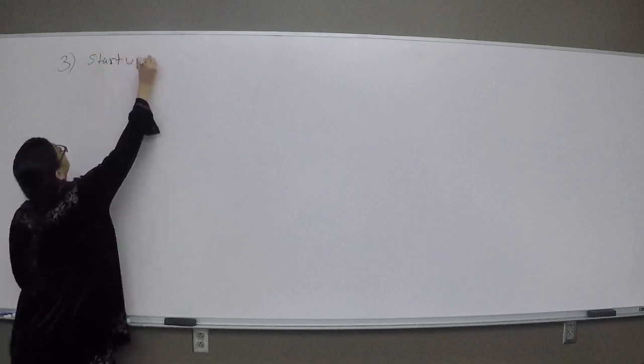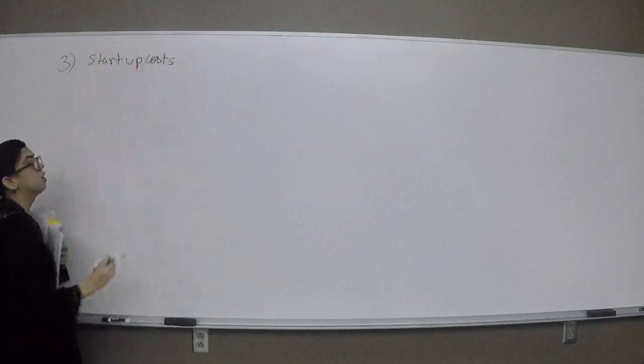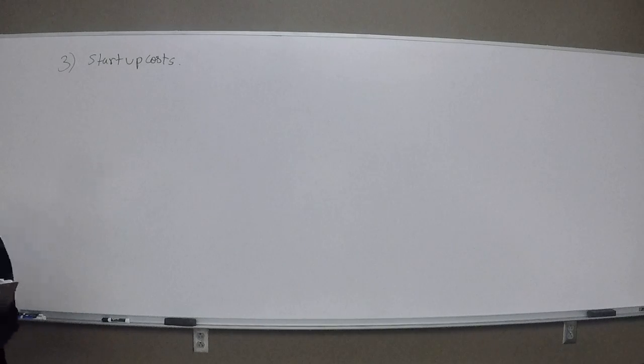startup costs. Startup costs is a barrier to entry because to start up any business, you need to make that initial investment. That could be setting up the plant, that could be setting up the office, or whatever it is that you're starting the business for. It's always going to have a startup cost, and a lot of the times it can be huge.